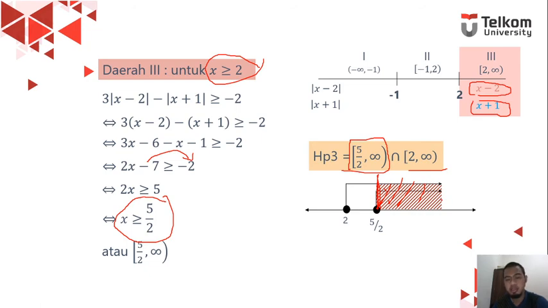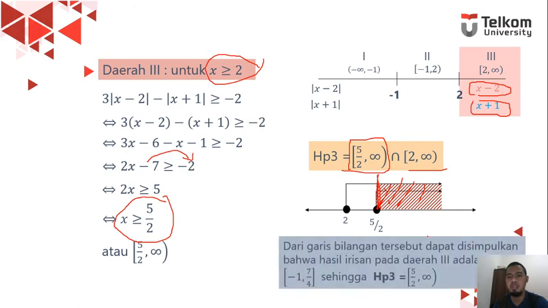Means that the result in the HP3 should be x from 5/2 until positive infinity. In this area, we already get this one, -1 until 7/4.